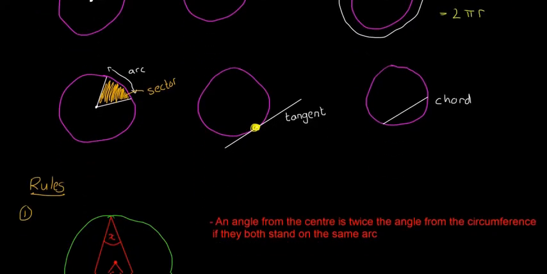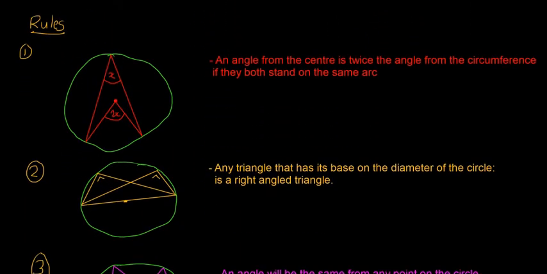Now we're going to scroll down, and then some rules we need to know about the circle. The first rule is that an angle from the center is twice the angle from the circumference if they both stand on the same arc. That sentence doesn't really make much sense on its own, but if you look at the picture it makes more sense. If you have an angle from, say, this point here to this point here, and that follows this arc here, if that angle is x, then if you measure the same angle from the center point, so this red dot here is the center point, then you'll get 2x.